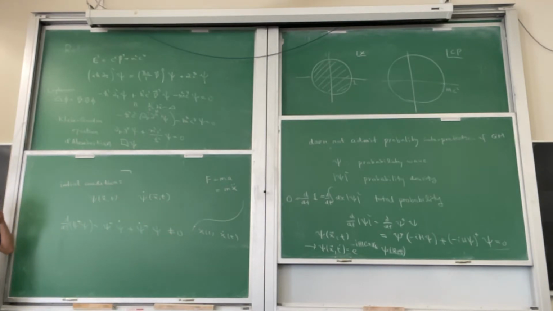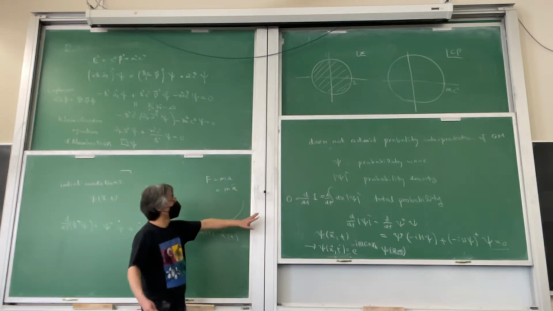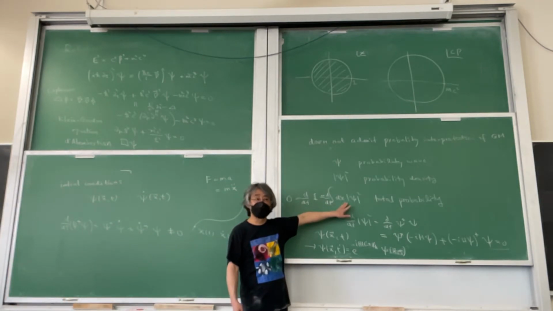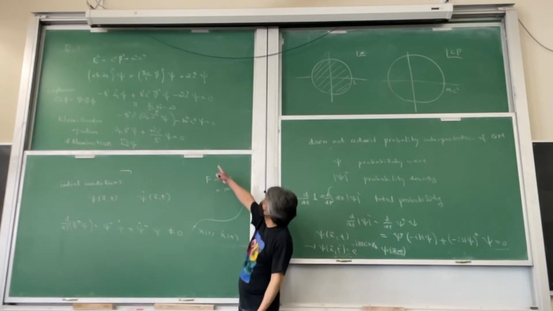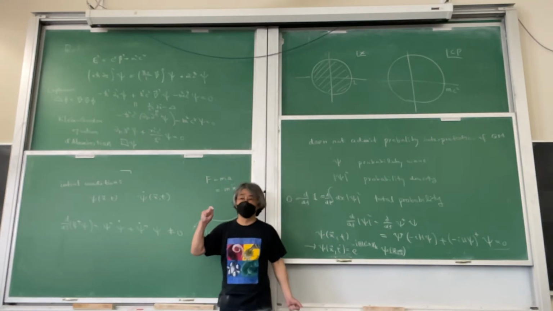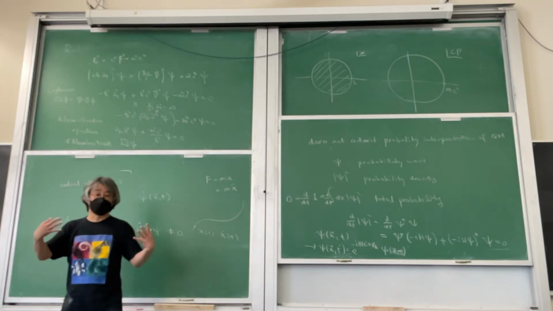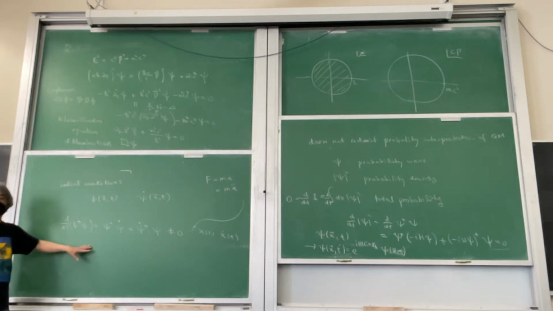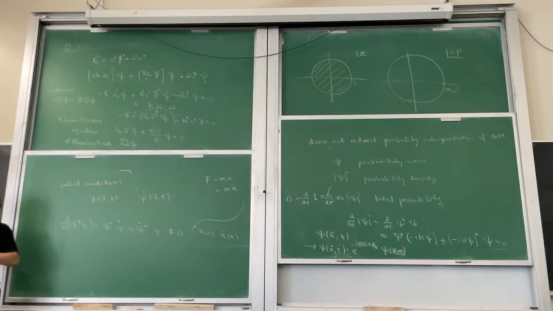What that means is that you can't define this conserved probability. Therefore, trying to understand the Klein-Gordon equation as the relativistic Schrödinger equation doesn't allow for this probability interpretation. So it fails as a quantum mechanics theory consistent with relativity.